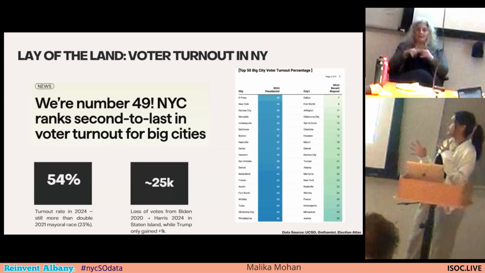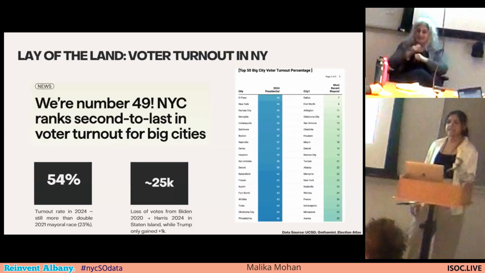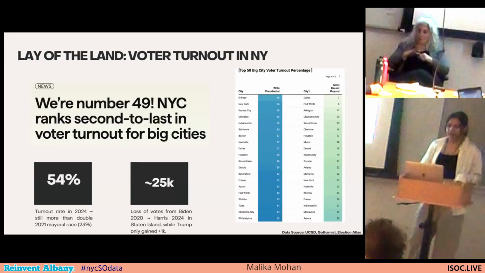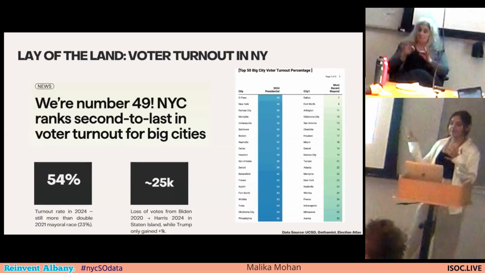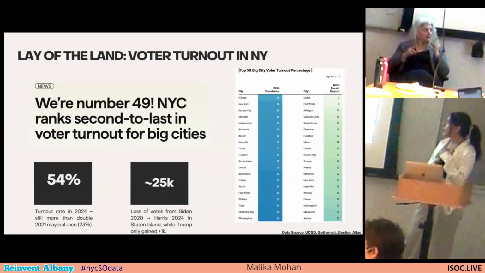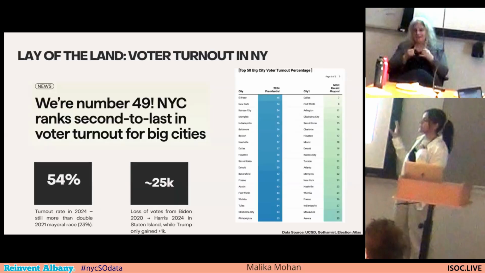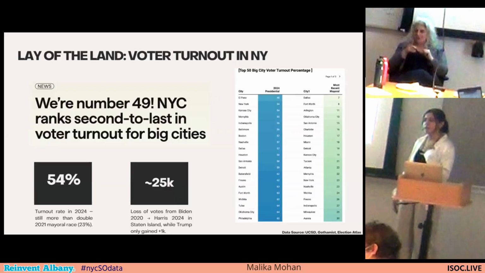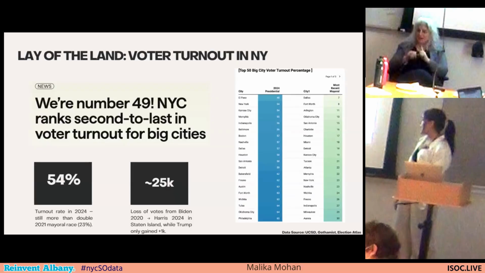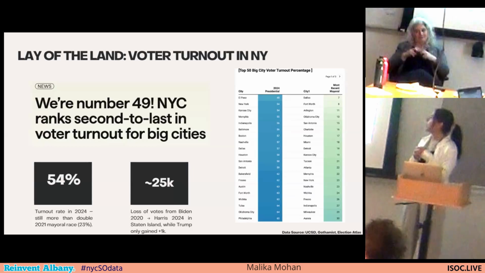So first, I just wanted to walk through some of the stats and lay of the land of the current state of voter turnout in New York. Some key data points include this number about being 49th out of 50, followed only by El Paso. This is all based on the UC San Diego study, which has a lot of great research on voter turnout across major cities, so feel free to dig further into that as well.